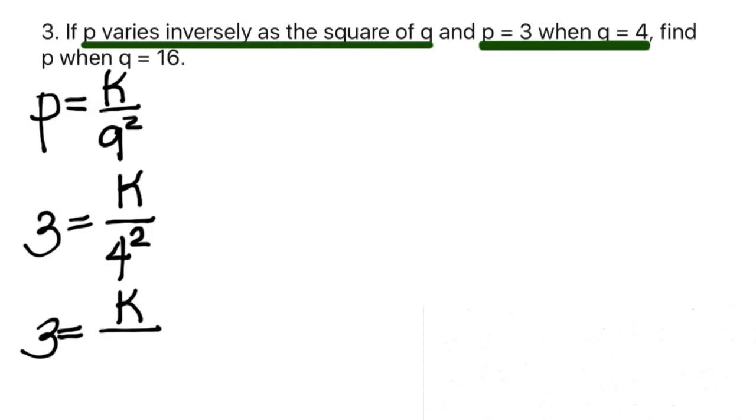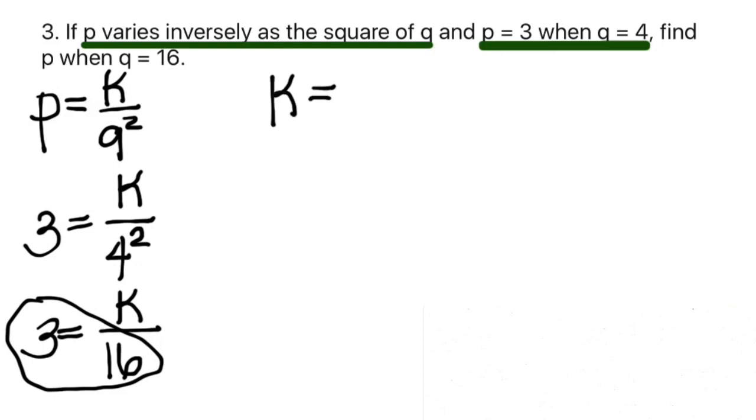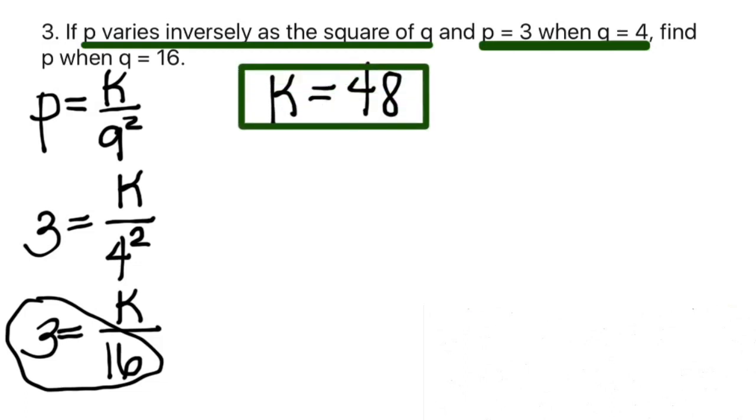Or 4 times to itself, that is 16. And then, we can now cross-multiply. So, 3 times 16, we are going to have k is equal to 48. So, that is our constant of variation.